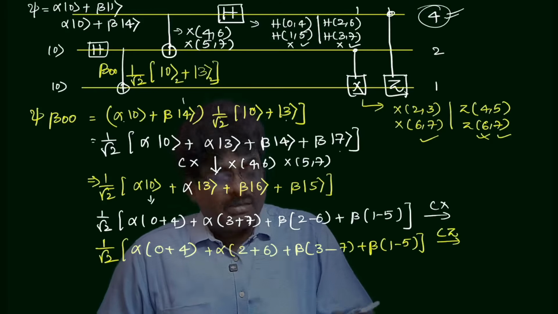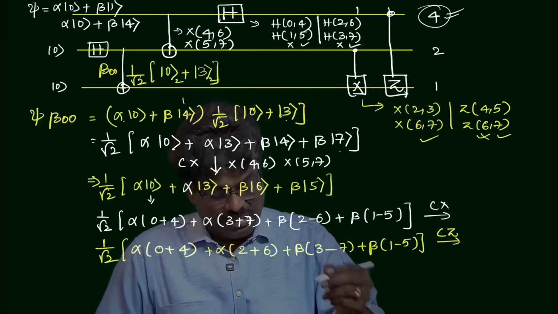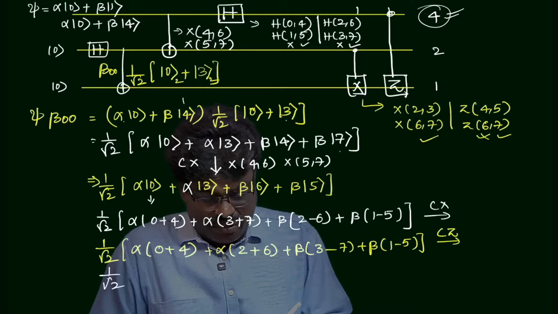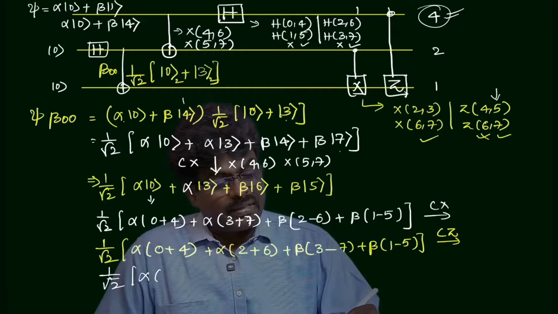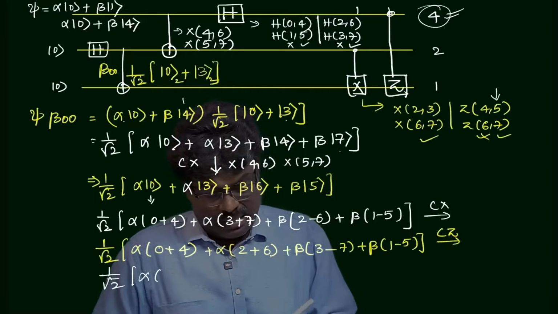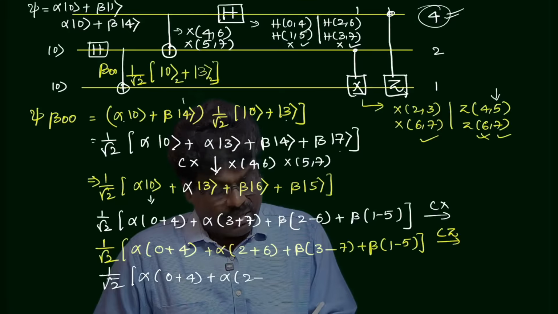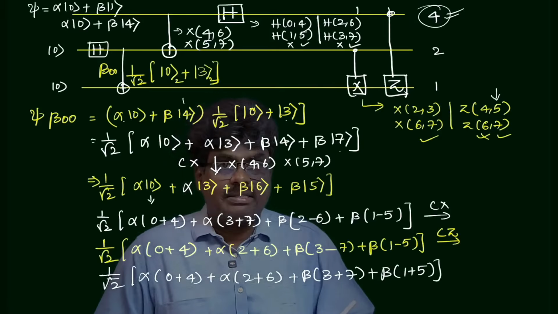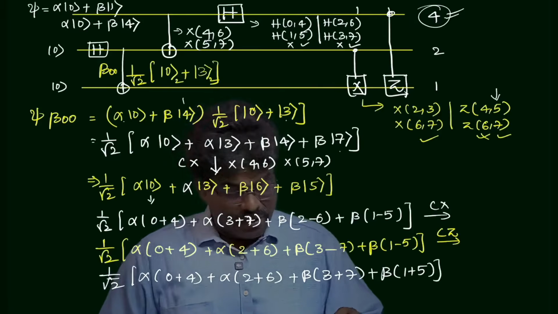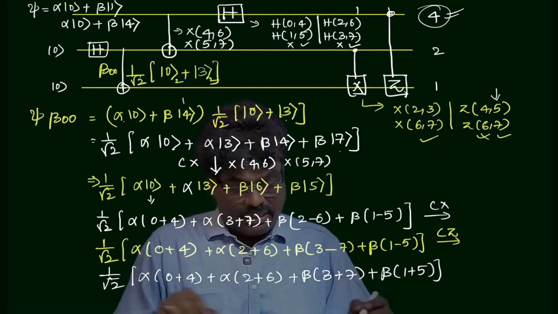And after that I am applying the control Z operation, so that is 1 over root 2 alpha. It will add phase factors to 5 and 7 and the remaining things are the same: 0 plus 4 plus alpha 2 plus 6 plus beta 3 plus 7 plus beta 1 plus 5. That's it. So this is the final state I got. Let me take this state again.